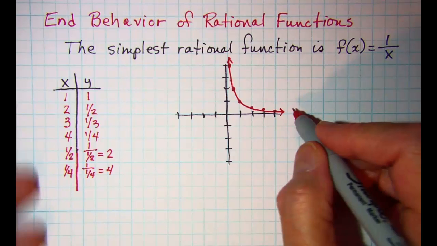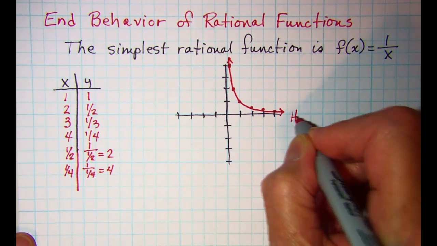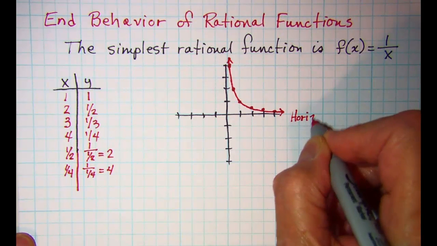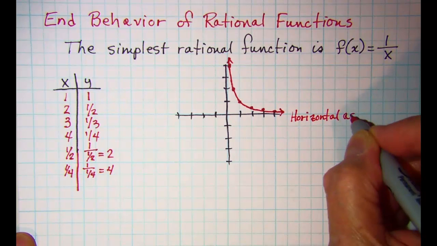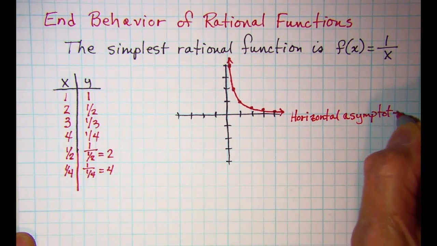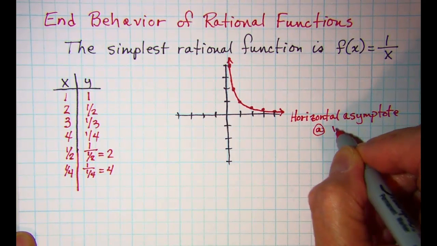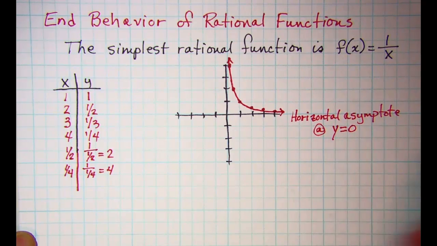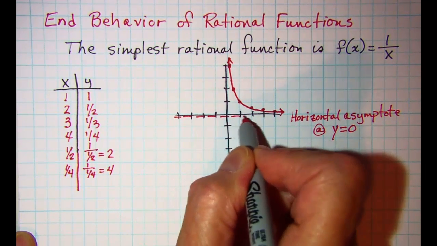These are called asymptotes. So we have a horizontal asymptote at y equals 0. That's this axis right here.